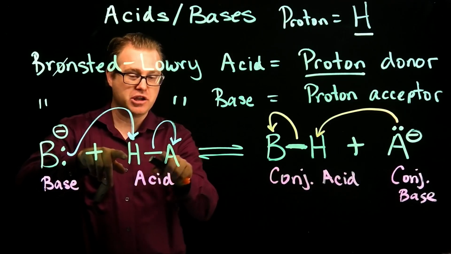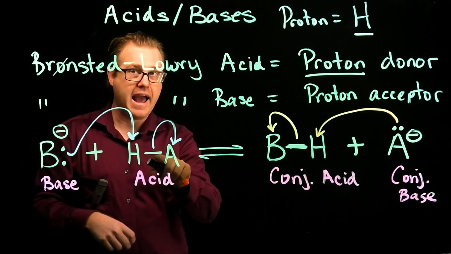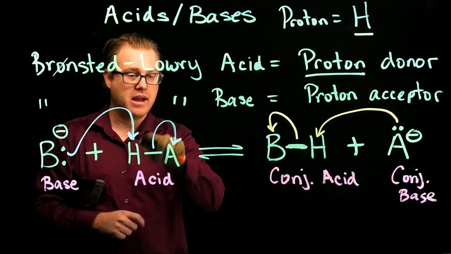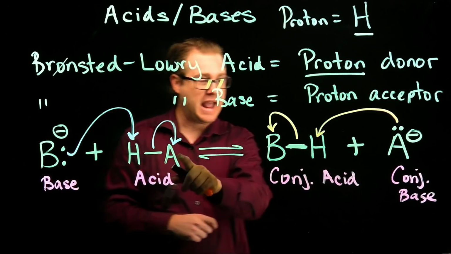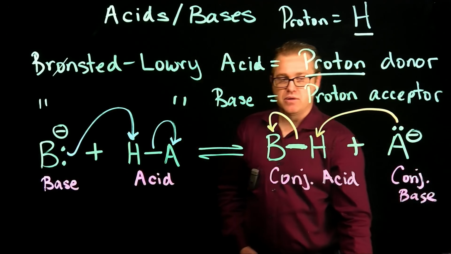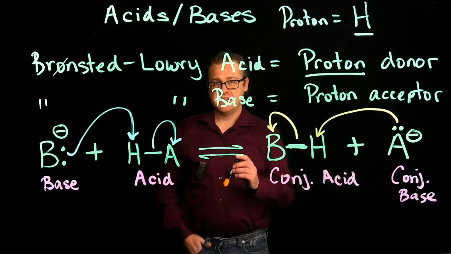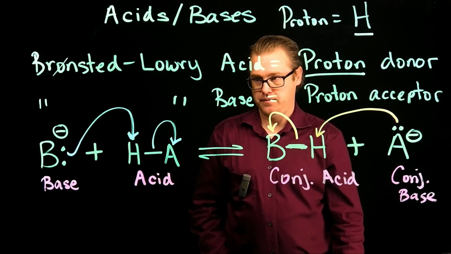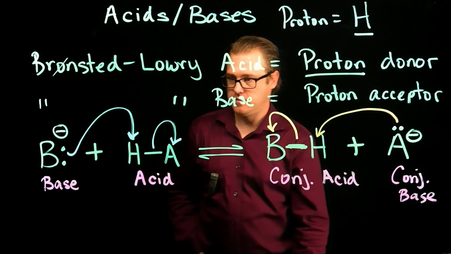And then that hydrogen bond, or this bond right here, has to break. And we take those 2 electrons in that bond and put them directly on top of the A, which we see right here. So it's very important to look at this mechanistically and see where the electrons are going.